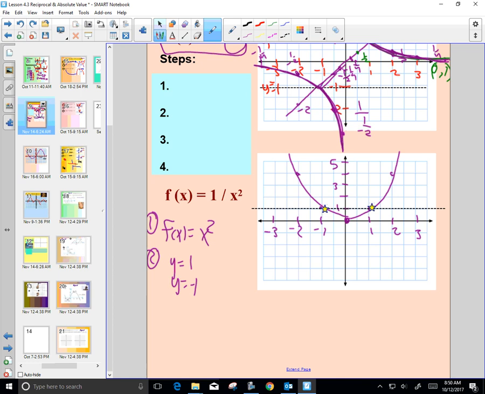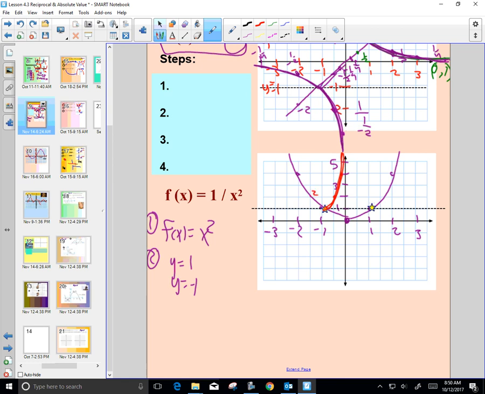Then we have 0 to 1. So if this is a half, it goes up to 2. If this is a fourth, it goes up to 4. So this 0 to 1 is going to flip up to here. This one here is 2.